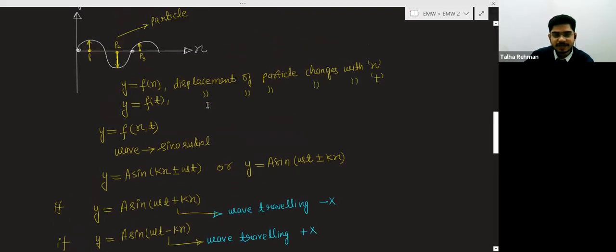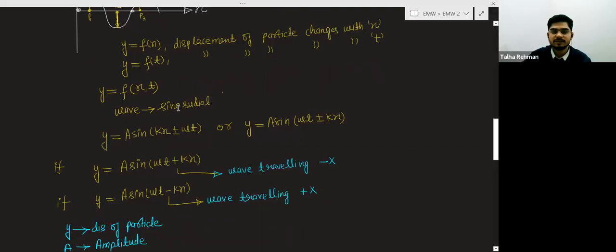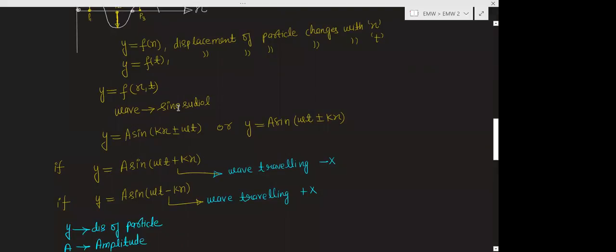Sinusoidal means that the wave is a function of sine, or the displacement of the particle is a function of sine. Sine is a trigonometric function.